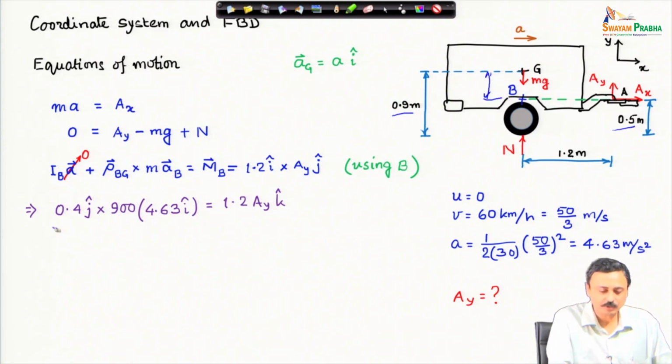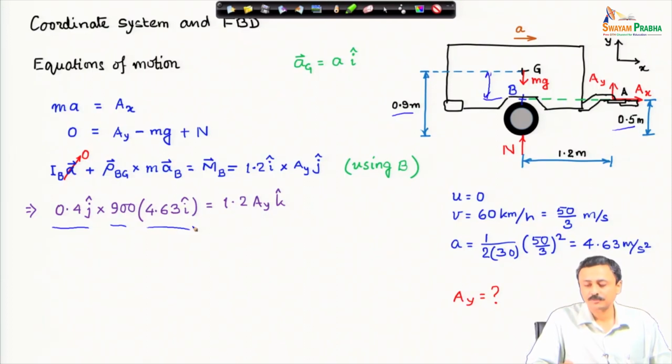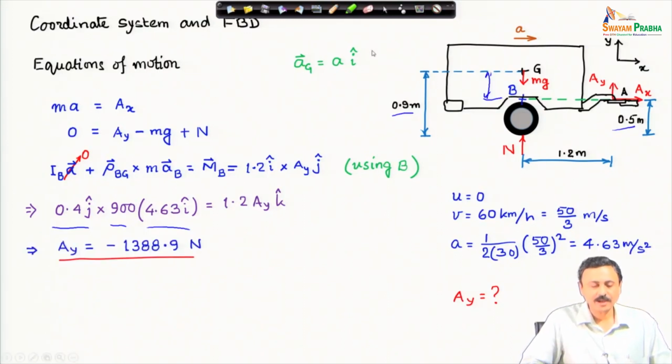So, it is 0.4 meter in the j cap direction, cross total mass of the trailer times acceleration of point B, which is the same as acceleration of the trailer, the acceleration of point G, because there is no rotation, angular velocity, angular acceleration, everything is 0, and that is equal to the net moment of all forces, only Ay contributes. So, I have this, and finally, Ay turns out to be minus 1388.9 Newton.